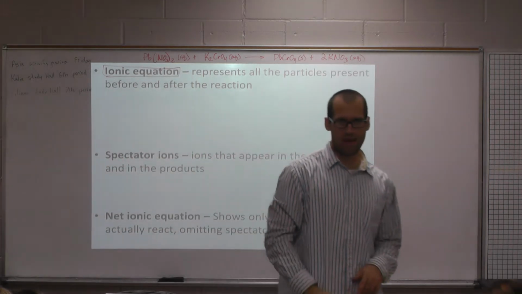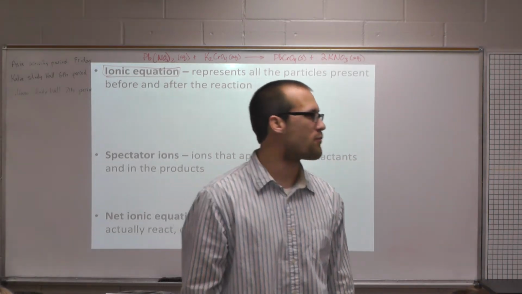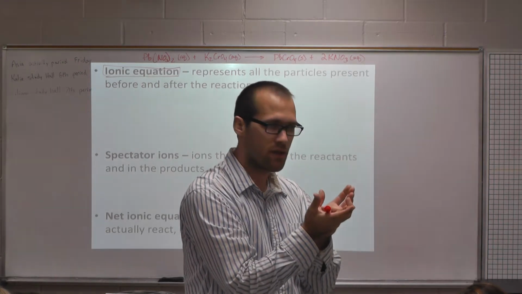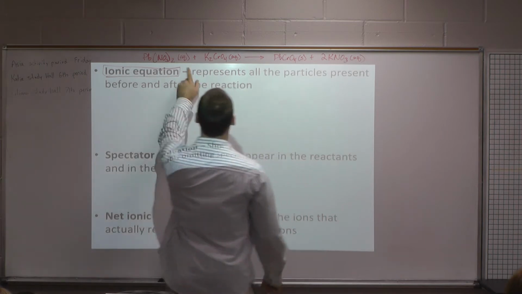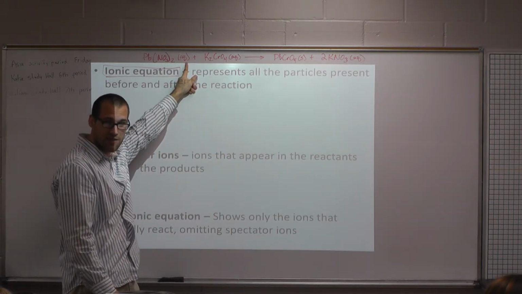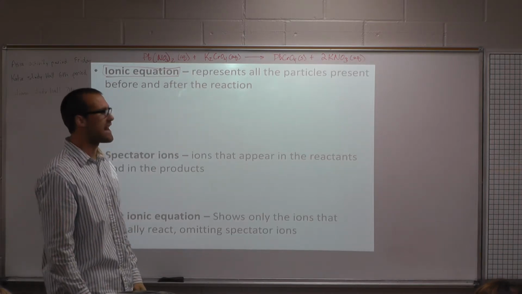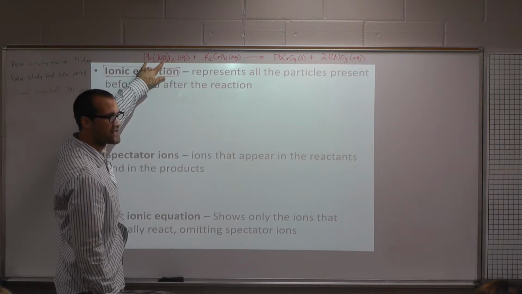You may or may not know this, but when you take an ionic compound and you dissolve it in water, it breaks up into its ions and water surrounds it. So we're going to have to take anything that is aqueous and break it up into its individual ions. We have a cation and an anion.